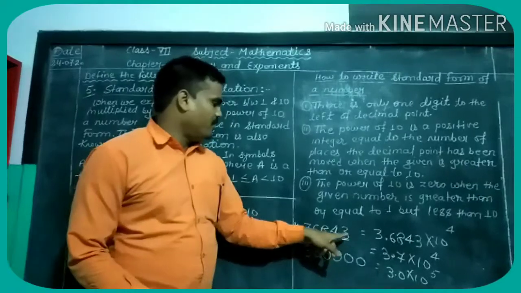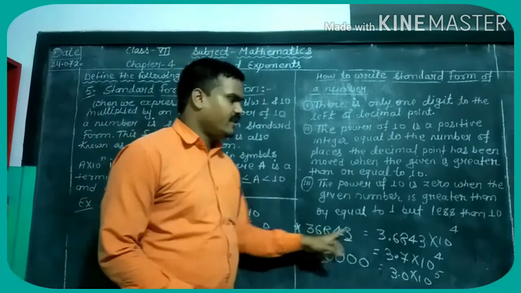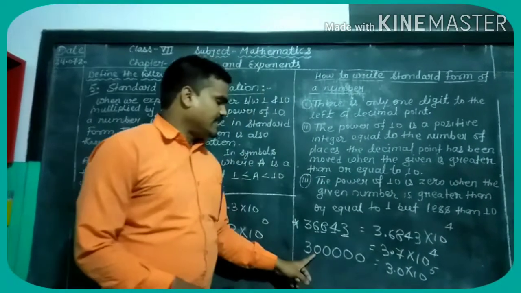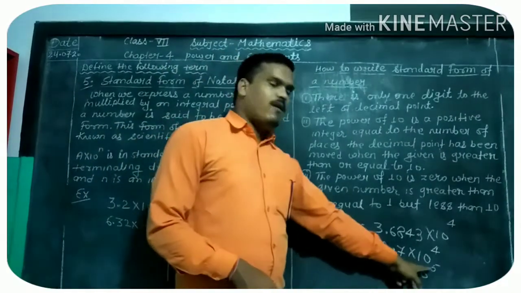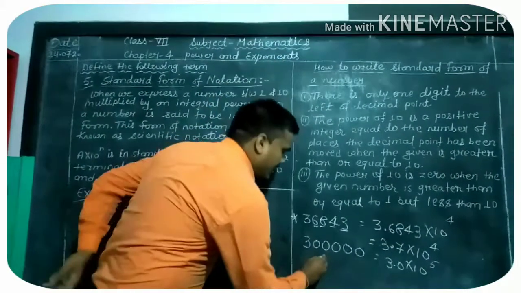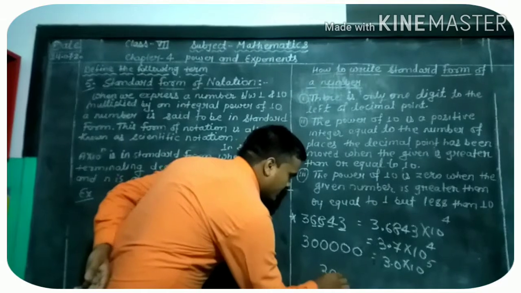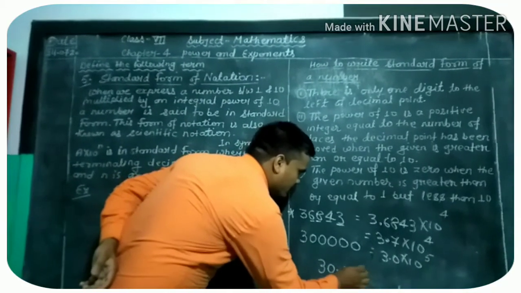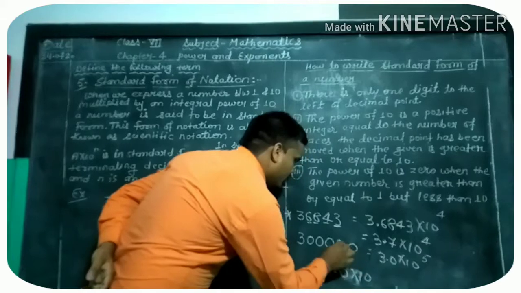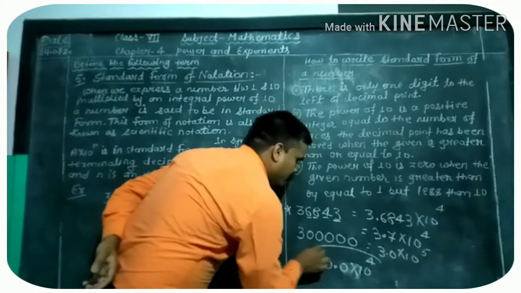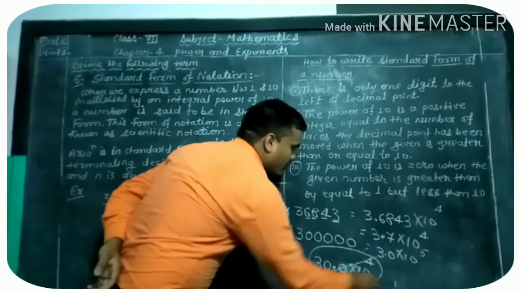Like here I have moved 1, 2, 3, 4 digits, so the power will be 4. In this example I have moved 1, 2, 3, 4, 5, so the power will be 5. If you write this number in this format, 30.0 into 10 to the power 4, it will be wrong.